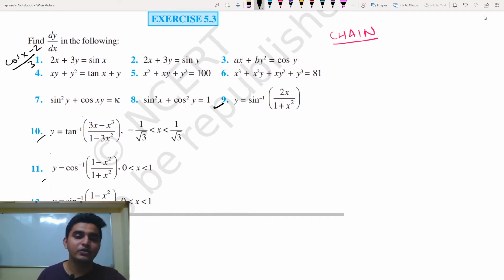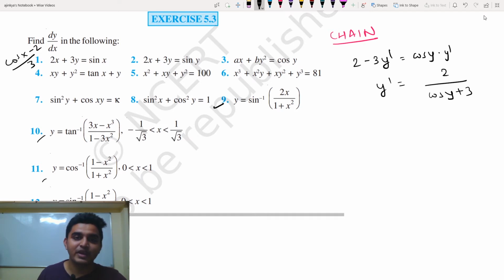So what can we do? We can say that 2 minus 3 y dash equals to cos of y times y dash, and from here you know that y dash is going to be nothing but 2 upon cos of y plus 3. So that's your final answer.